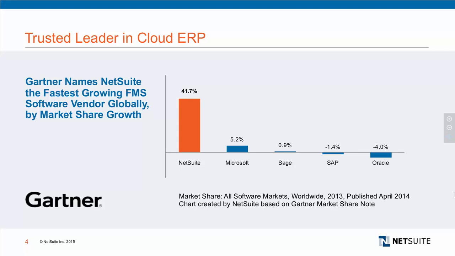You'll note that the closest competitor was 5.2%, and indeed, NetSuite's the only true cloud-based provider of ERP in that review. So NetSuite has a market advantage and is growing at a faster pace than those behind it.